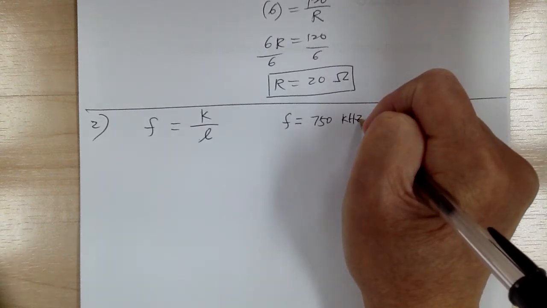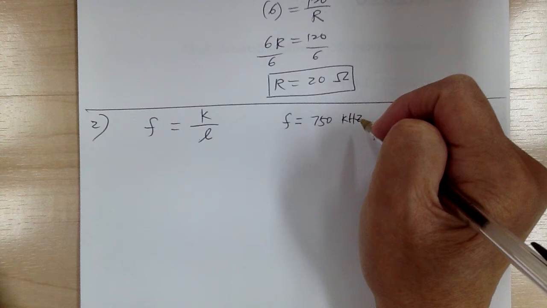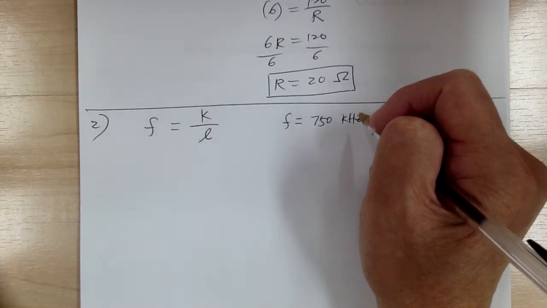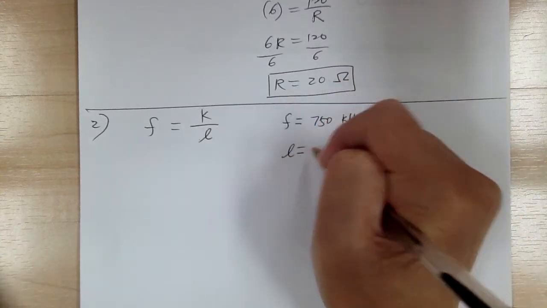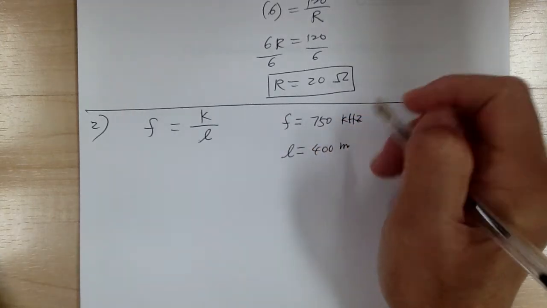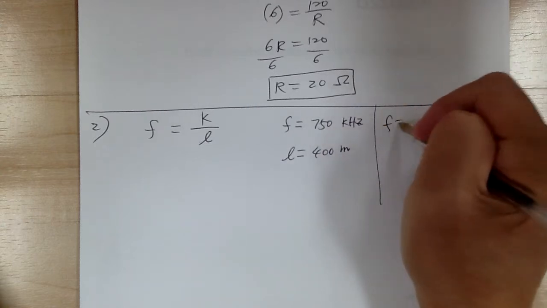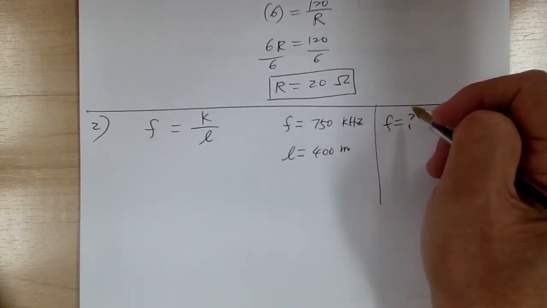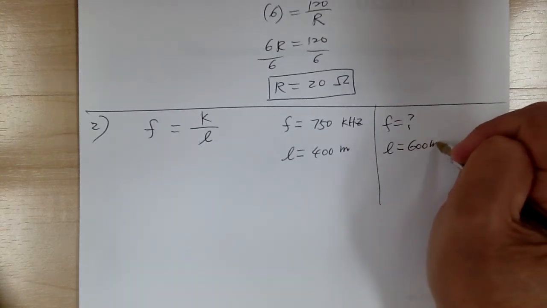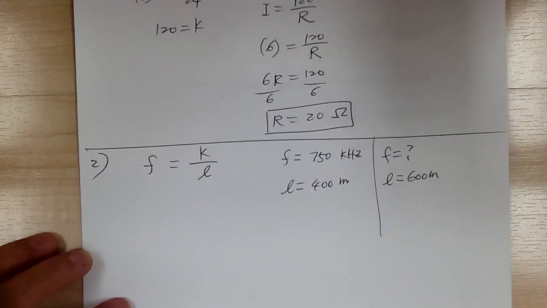A signal of frequency 750 kilohertz, which might be the frequency of an AM radio station, has a wavelength of 400 meters. What frequency has a signal wavelength of 600 meters?